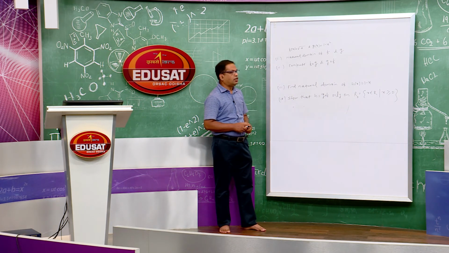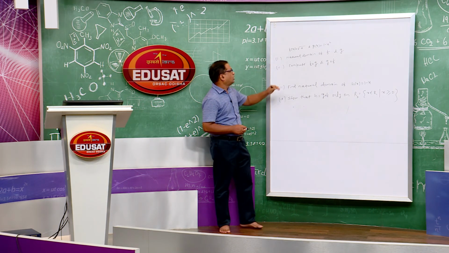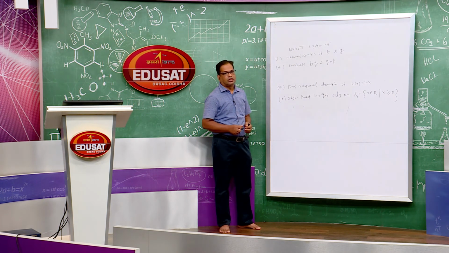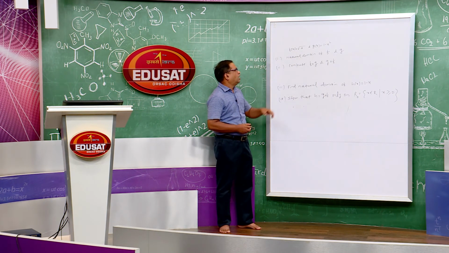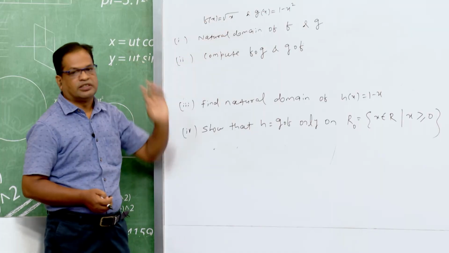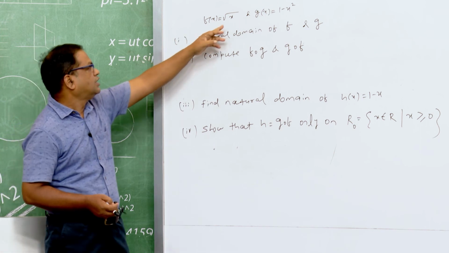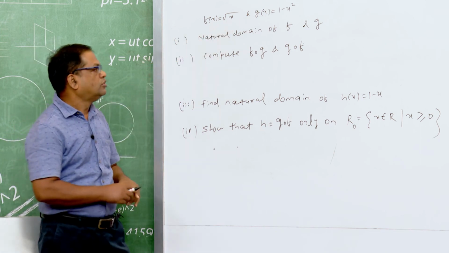So, find the natural domain of f and g. What will be the domain of f? First of all, domain means the values of x for which f x is defined. Here f x will be defined only when x is positive or 0.